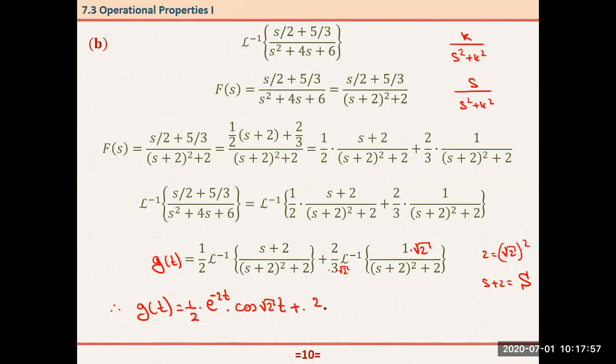I have 2 over 3 square root of 2 times, and here we have k, right? Because of this s plus 2, here we have e to the power minus 2t times sine of square root of 2 t. Okay, that is how we use the translation about the s-axis.